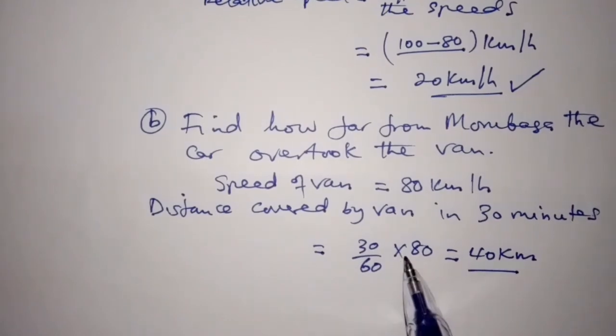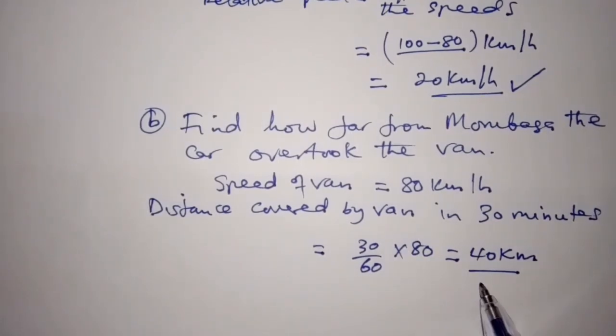So the distance covered by van in 30 minutes will be 40 km.